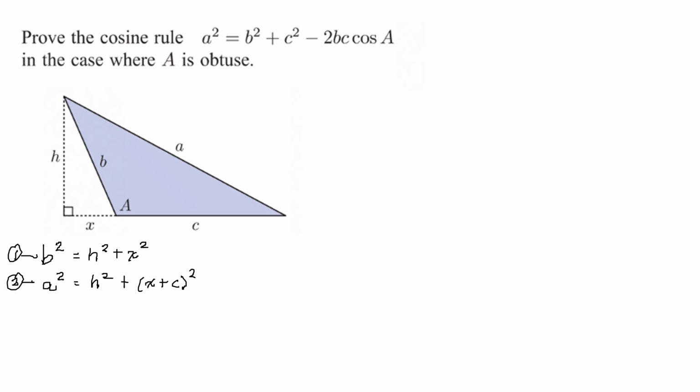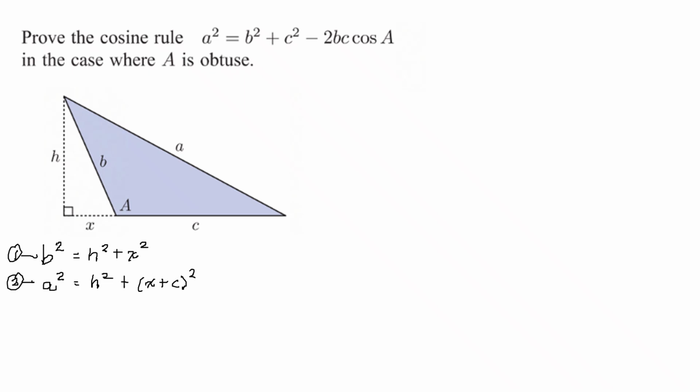The next thing we have to do is get rid of that x and make an equation in terms of the letters from the original triangle given. We can recall the trigonometric ratios: sine equals opposite over hypotenuse, cosine equals adjacent over hypotenuse, tangent equals opposite over adjacent.